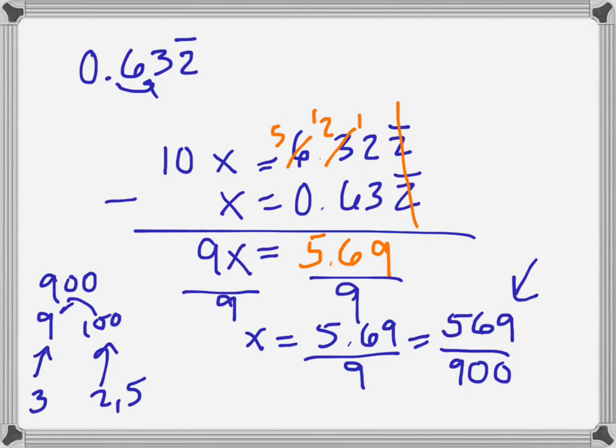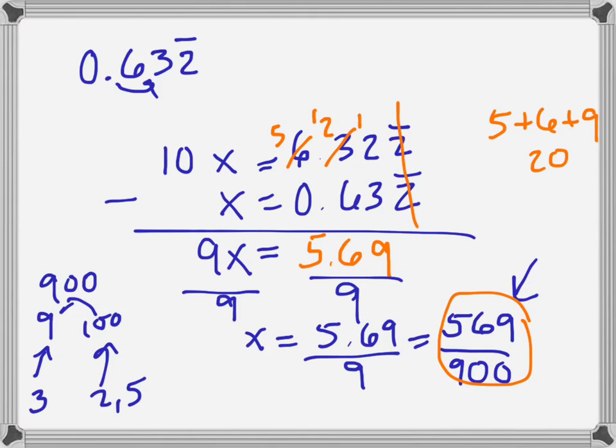Alright, so using my trick for the 3's, if I do 5 plus 6 plus 9, that's going to be 20. That's not divisible by 3, so neither is 569. And I can see just by looking at the last digit that it's not divisible by 2 or 5. Okay, so that is in lowest terms, and that's my final answer.